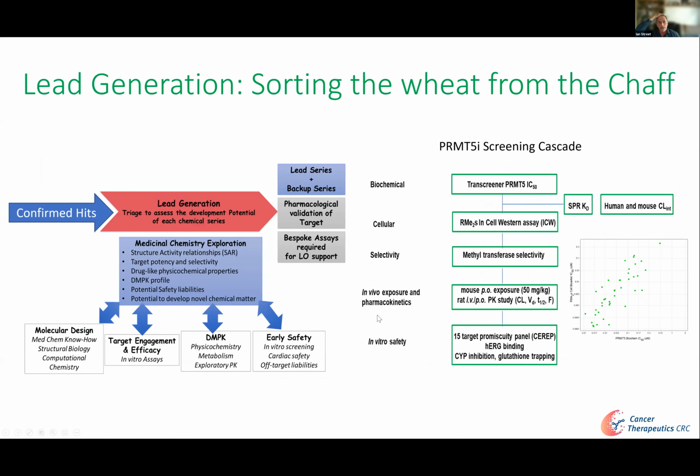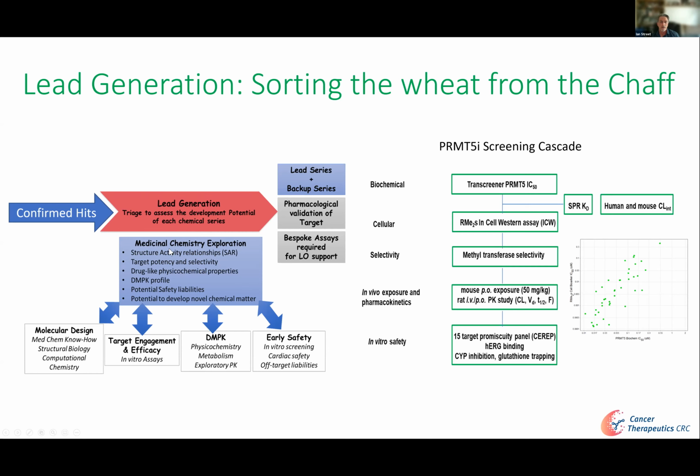So these move into lead generation, and essentially lead generation is the process, as I mentioned, where you look at the hits, the chemistry that's coming from the hit discovery, and start to explore this chemistry around the chemical scaffold.